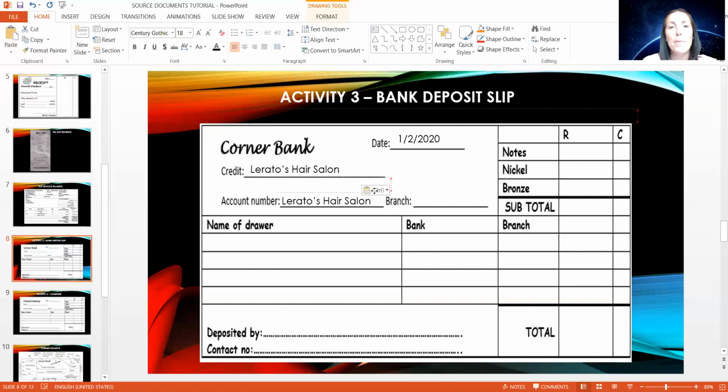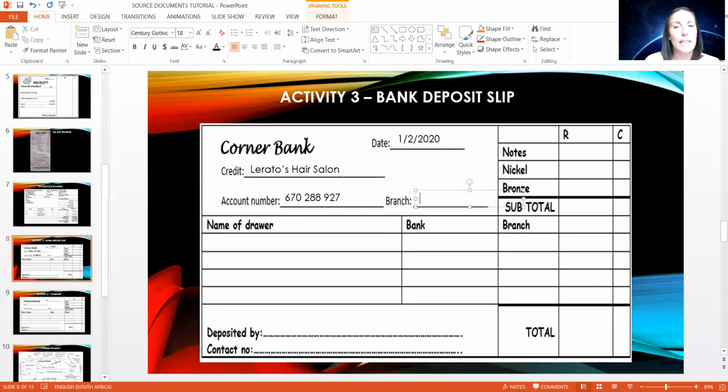All right. Now, people, very important, we need to tell the bank what is this business's bank account number with Corner Bank. And it's there just a little bit to the bottom. You can see it there. I'm going to type it in: 670288927. That is the hair salon's bank account number. And then we need to tell them what is the branch. Once again, grade 8s, every bank might have its own unique deposit slip.